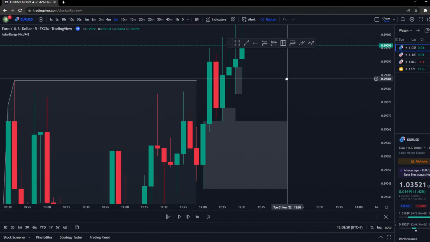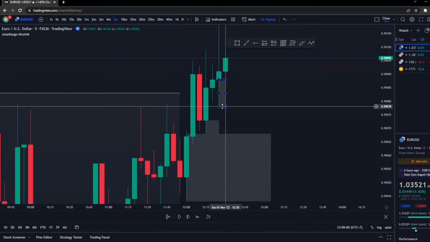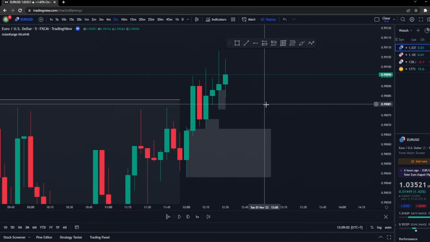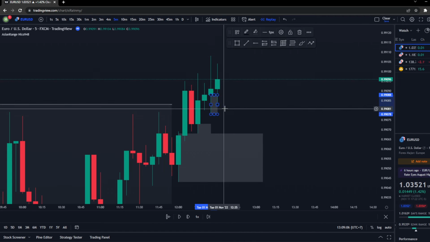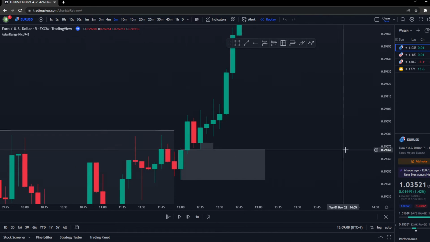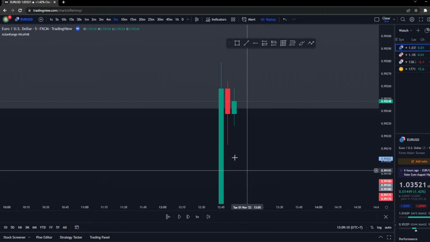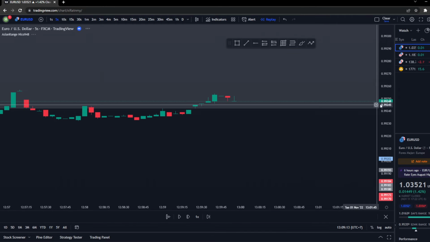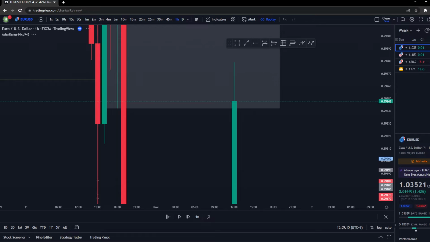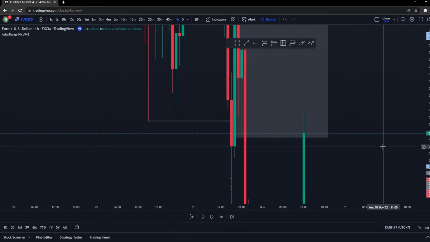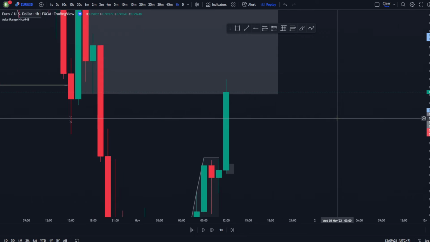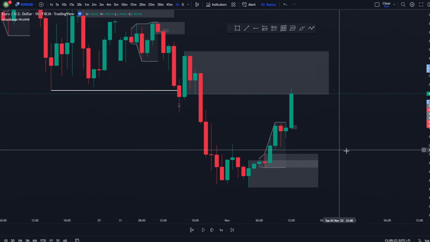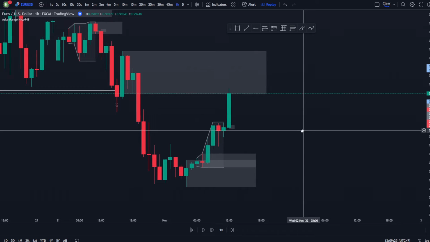I may not follow that. I think it's just like a weak one, more like a liquidity, yeah, for me. Then price taps into the 1 hour time frame right here, right, you can see that.